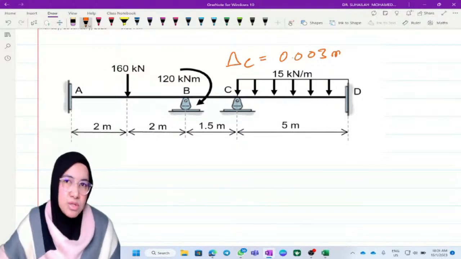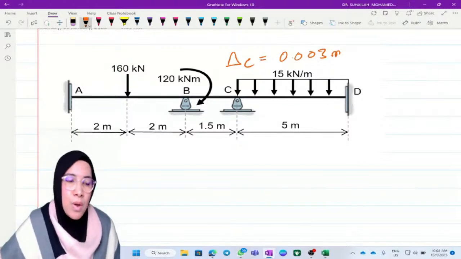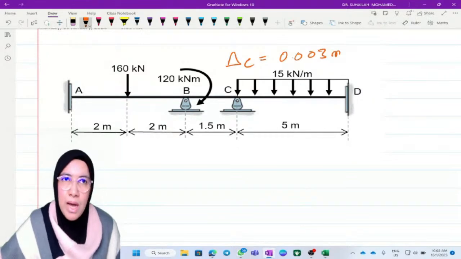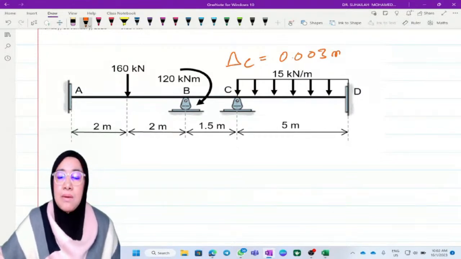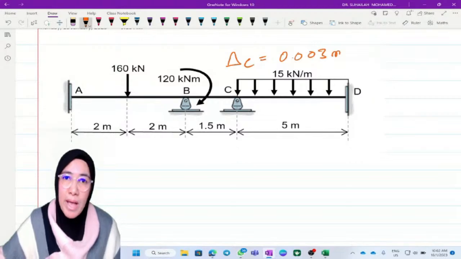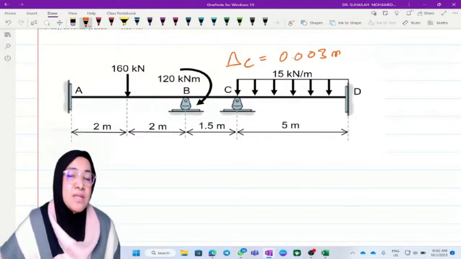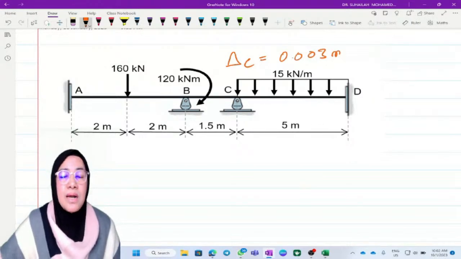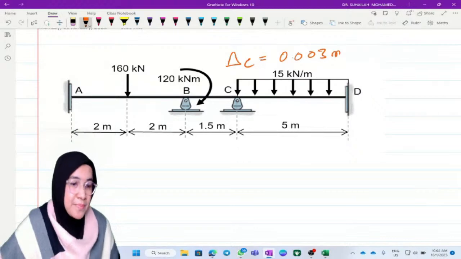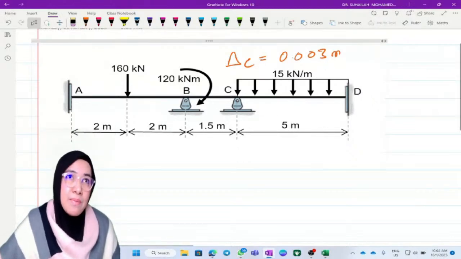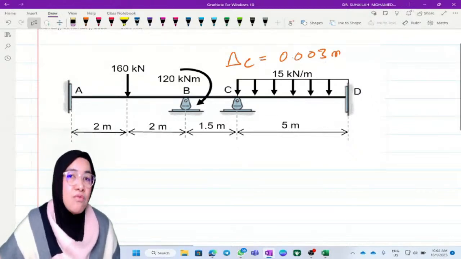Now we are going to analyze the member end moments due to external loading first, and after that we have the second part of the analysis, where we calculate member end moments due to support settlement. Anyway, we will use the same distribution factor for both parts.